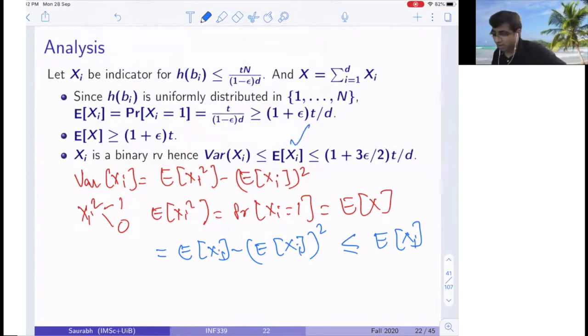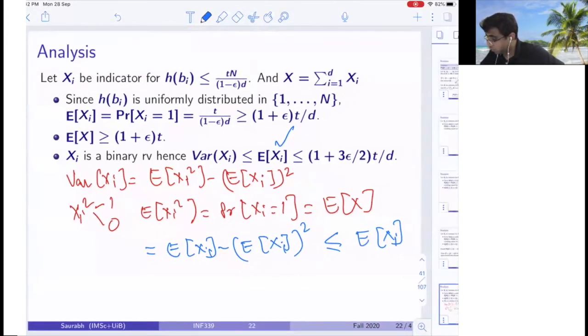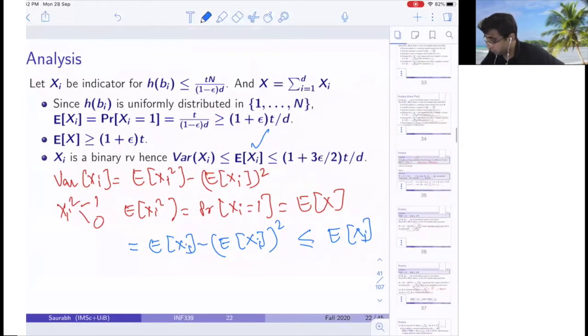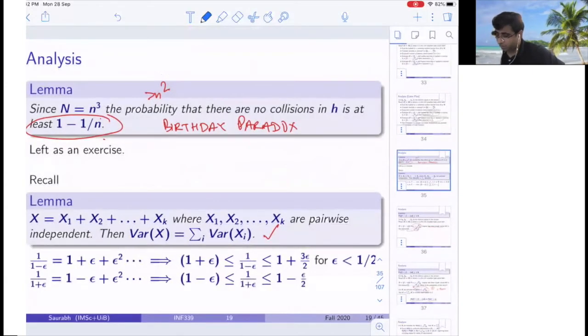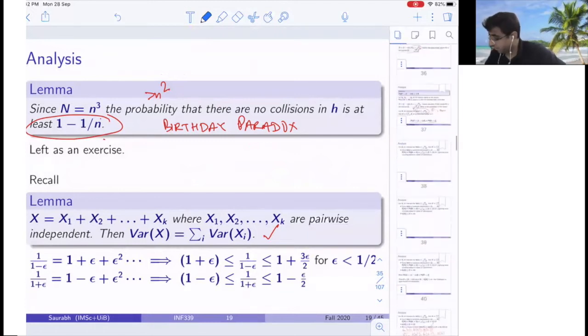Now we can use the upper bound on the expectation. Here we used a lower bound, but we also had an upper bound to use for 1 by 1 minus epsilon. So this is what we have actually used here to bound.